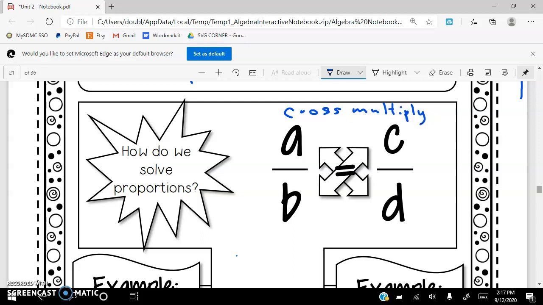Okay, so when we cross multiply, we want to multiply A and D together. So A times D, we want to make it equal B times C.